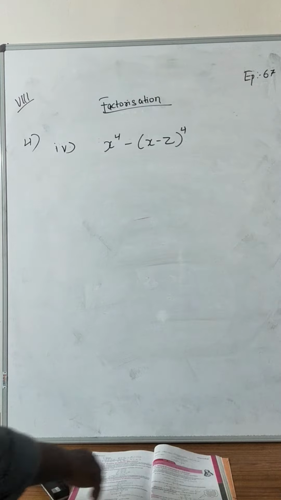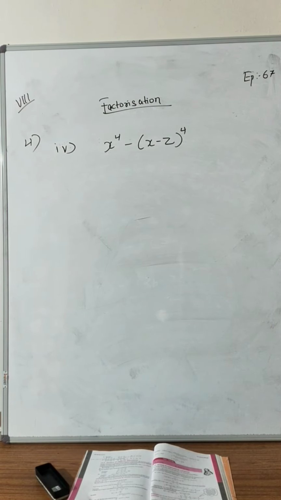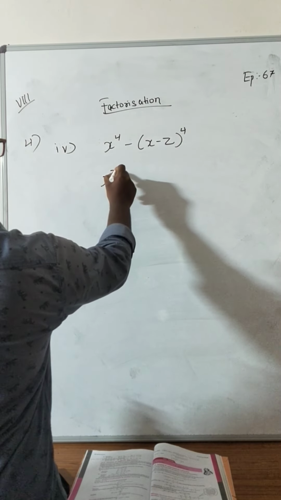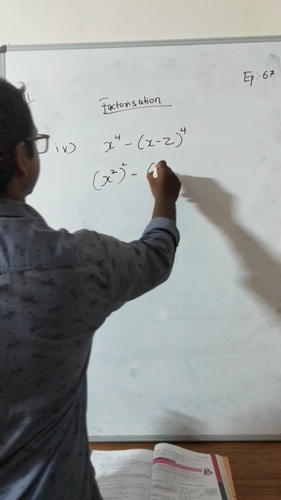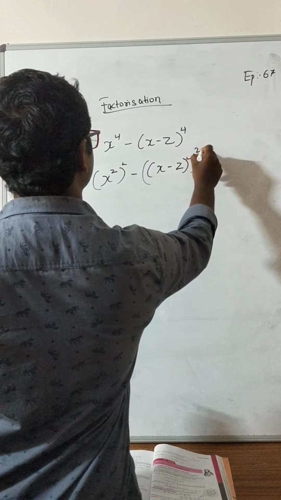So here we can do it as x power 4 can be written as x square whole square, minus x minus z can be written as x minus z square whole square.